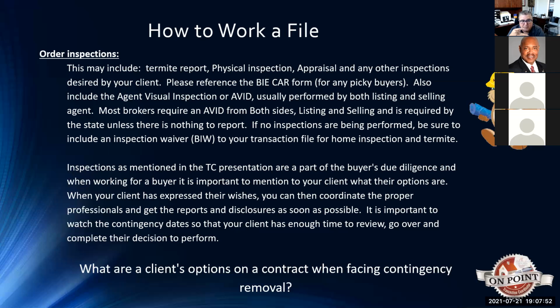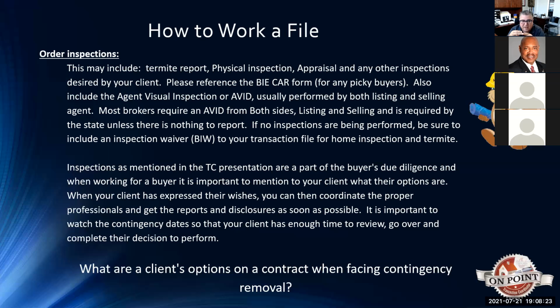So the first one was move forward. We're moving forward. Second one is renegotiate. So let's say that there's some things that they want to get fixed. You can ask to get them fixed. And again, it's just a question. It's not a demand, right? The seller again doesn't have to do any of that stuff. But when you're using the second option, you're trying to renegotiate with them, because really what you're telling them is, hey, there's a possibility that if you don't do this, I may just cancel.